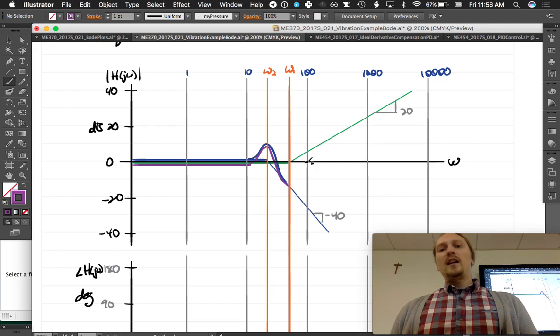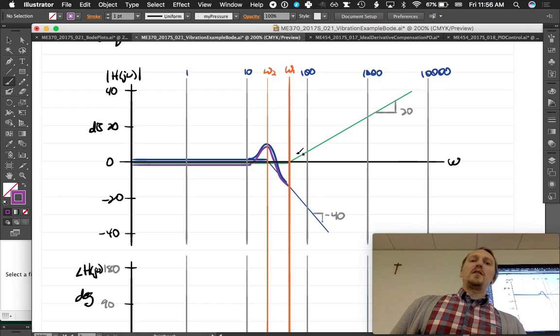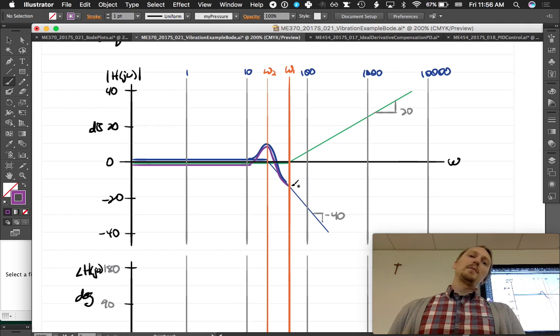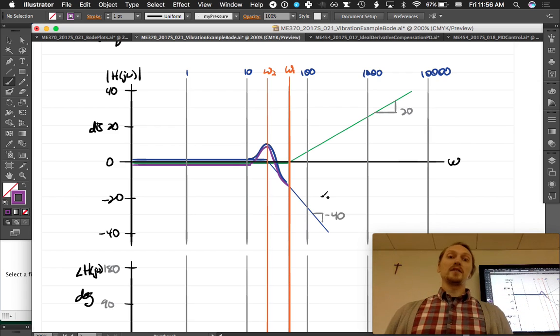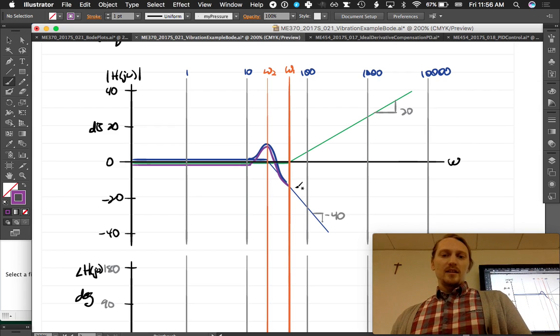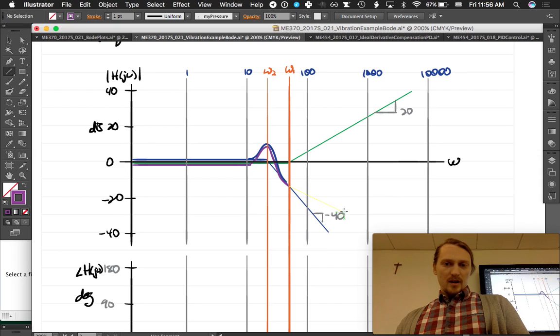And then we get to sum these things now. What happens when you sum a line that's going at a slope of negative 40, with a line that's going at a slope of positive 20? Yeah, it starts to go at negative 20. So it's going to be from there.